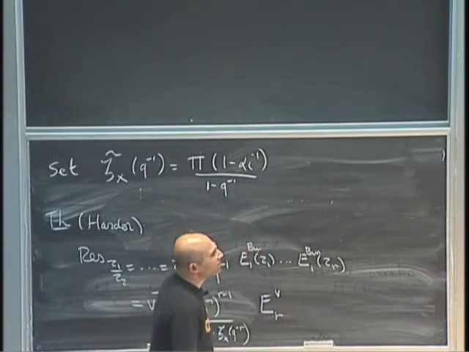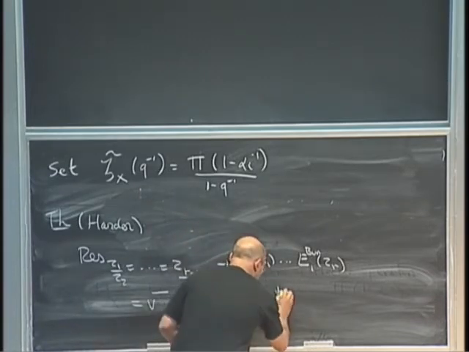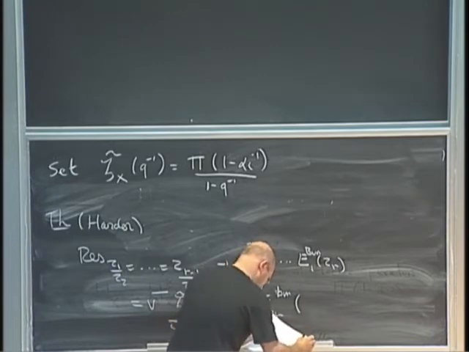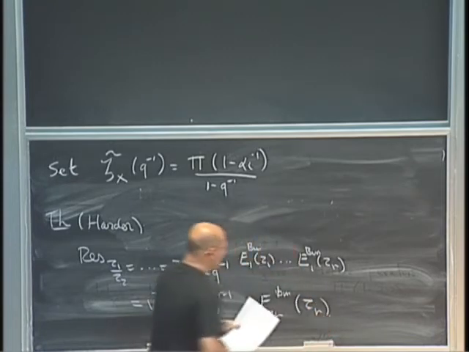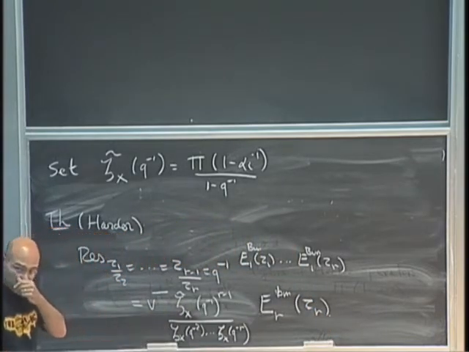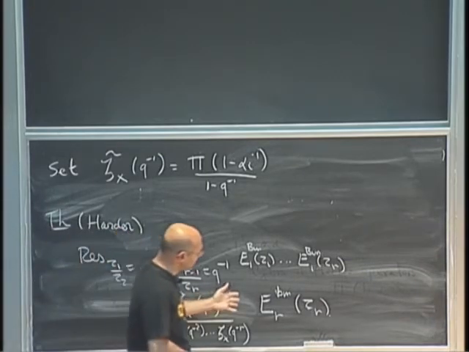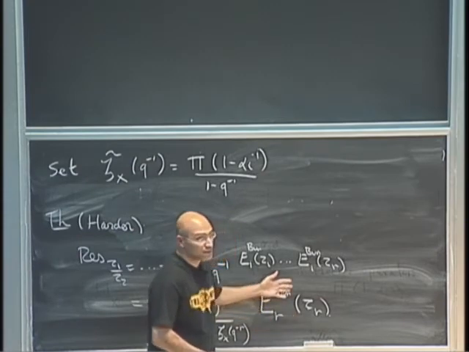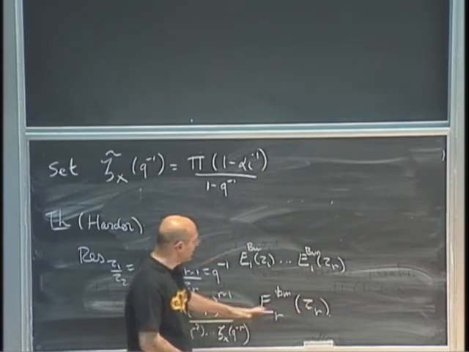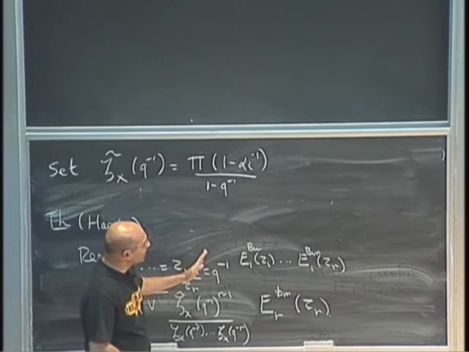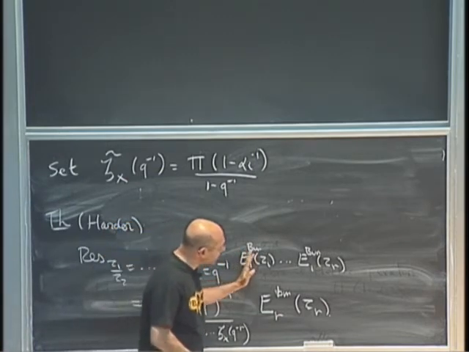Did I call it Vec or Bun? Bun. Okay, Bun of Z_R. So what does it mean? It means that we can get the constant function on this moduli stack of GL_R bundles by counting all flags of subsheaves.